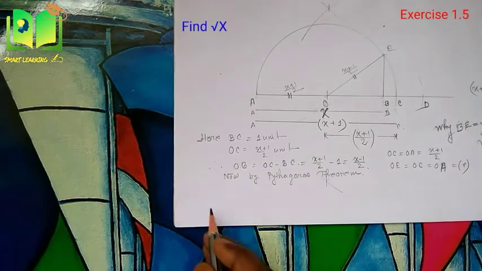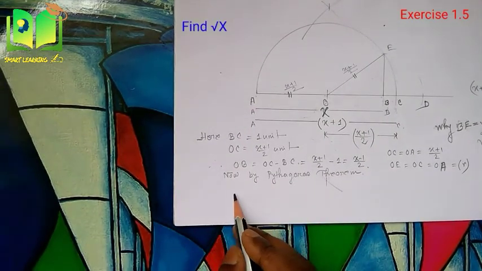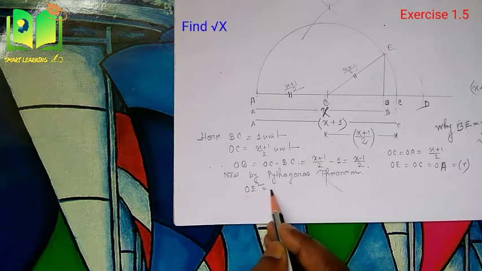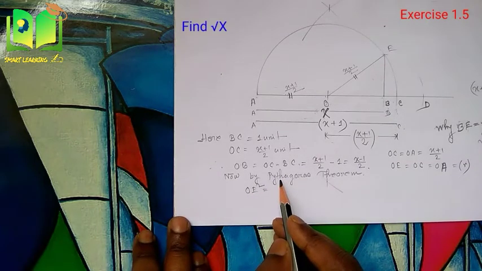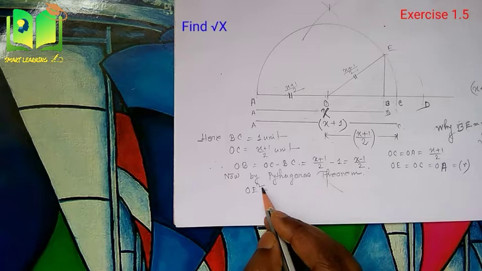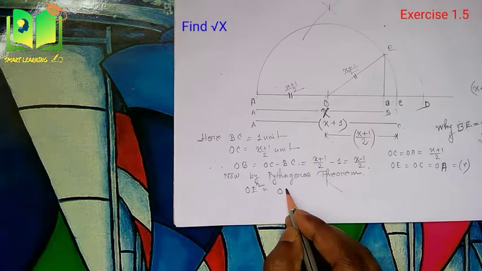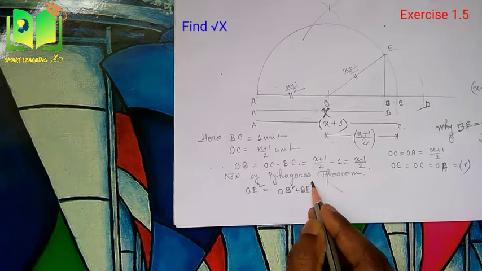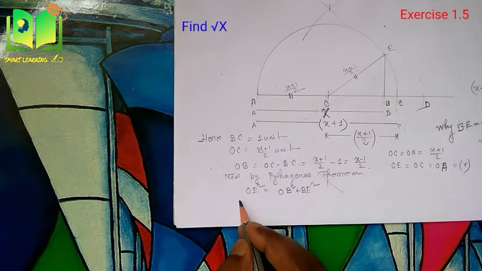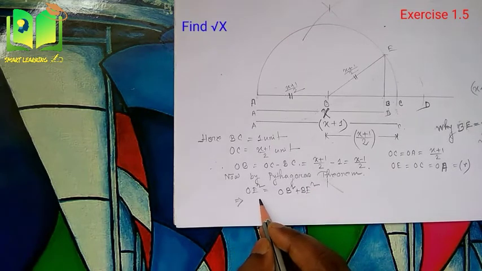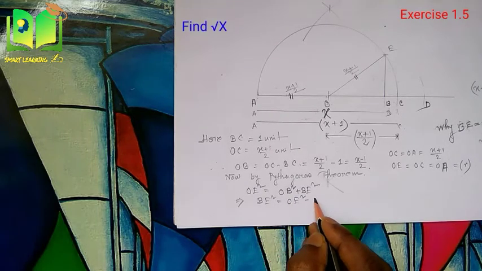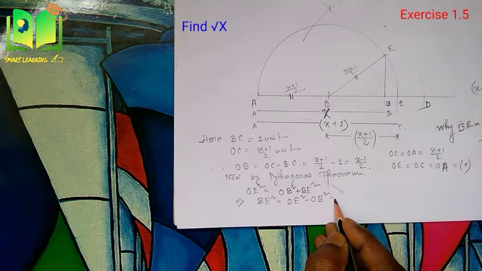OE square equals OB square plus BE square, which implies BE square equals OE square minus OB square.